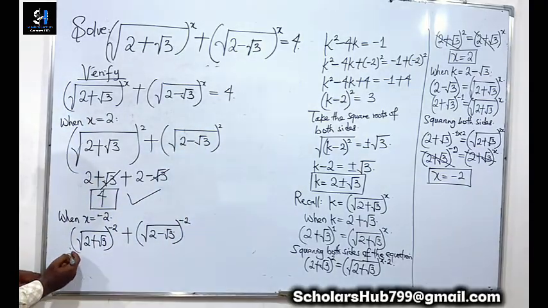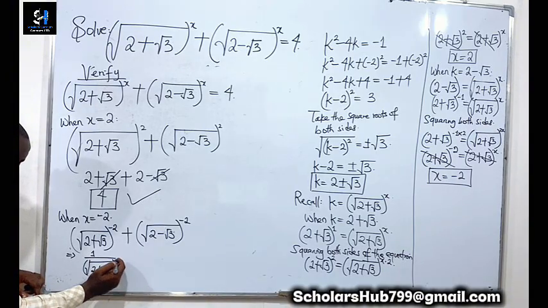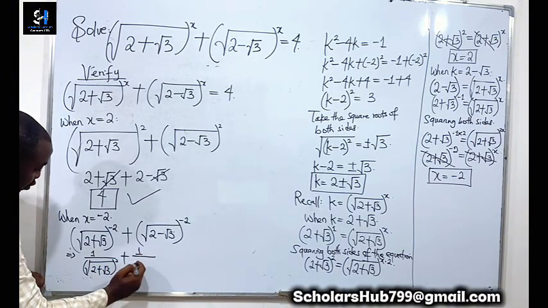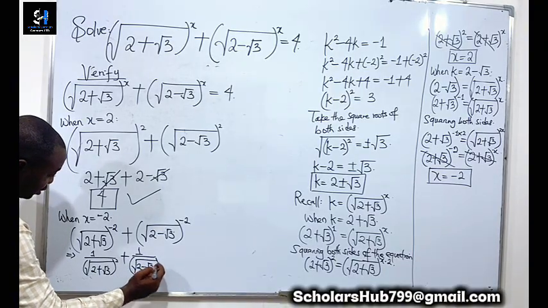Now, first, we need to understand that this is the same as 1 over the square of radical 2 plus root 3, and this is also 1 over the square of radical 2 minus root 3.